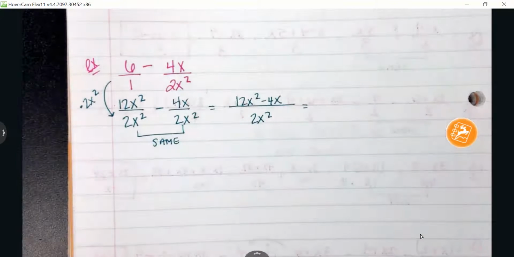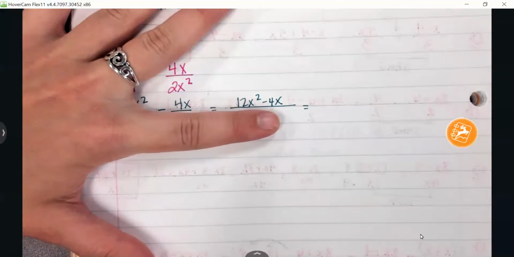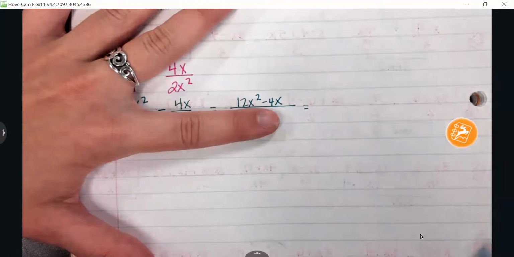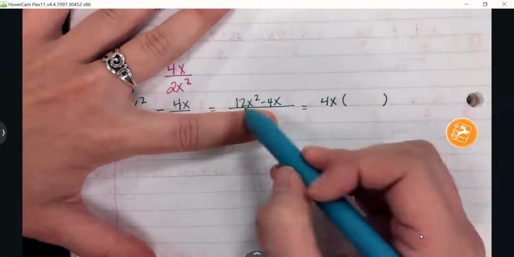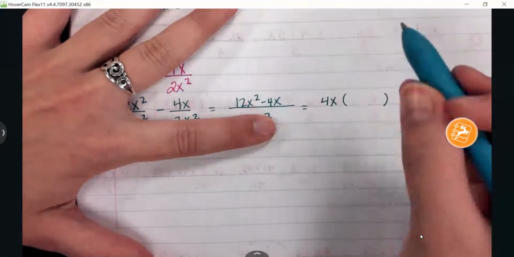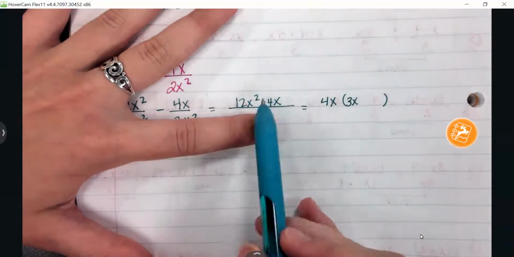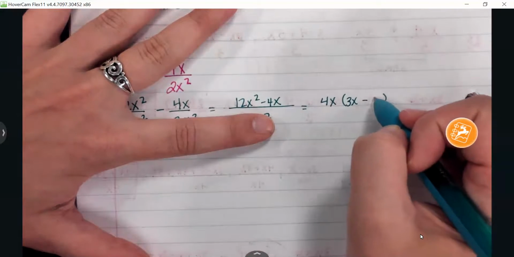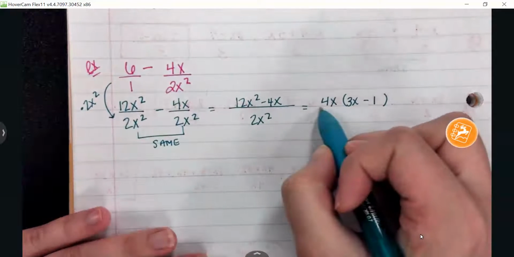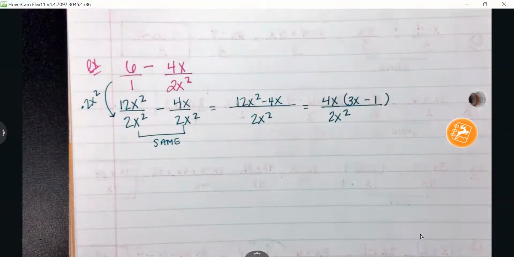So now let's simplify, looking just at the top. 12x squared minus 4x, what do they have the same? 4x. And then 12x squared divided by 4x would be 3x. What is negative 4x divided by 4x? Negative 1. All divided by 2x squared.